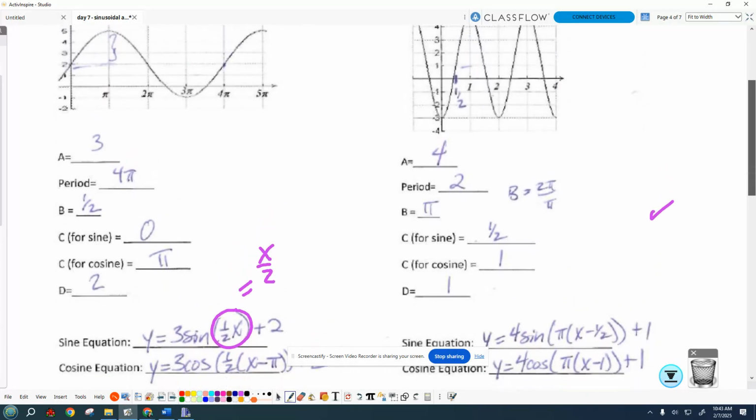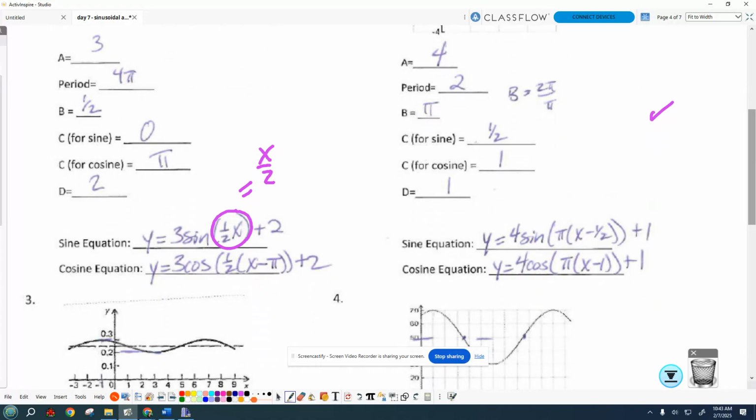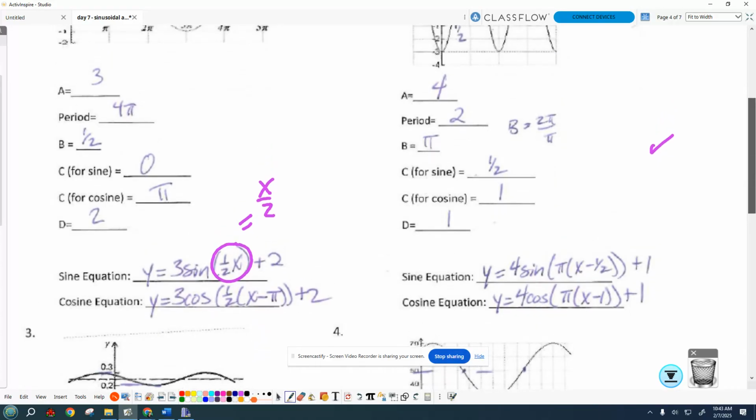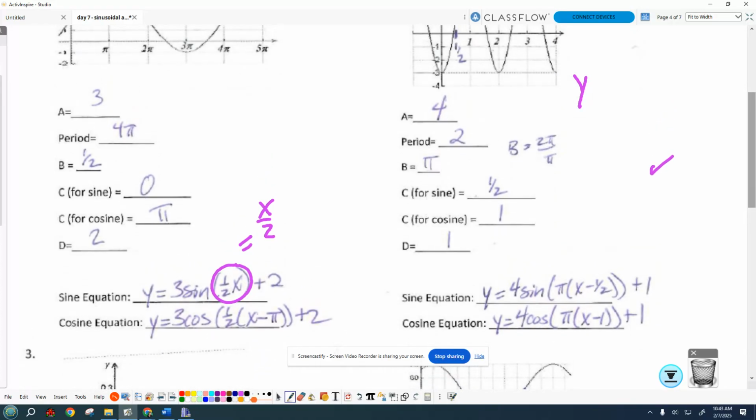For number 2, this is a positive cosine curve. If you wanted to write it as y equals -4 cosine pi x plus 1, that works. Like I said, there's lots of valid and correct answers.